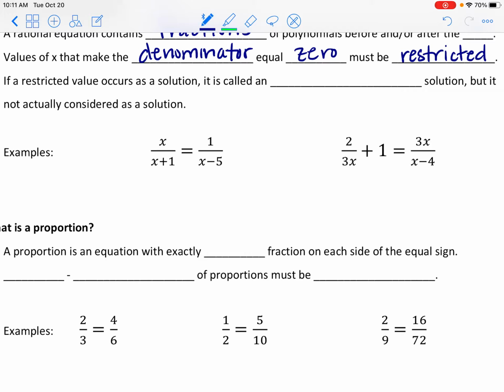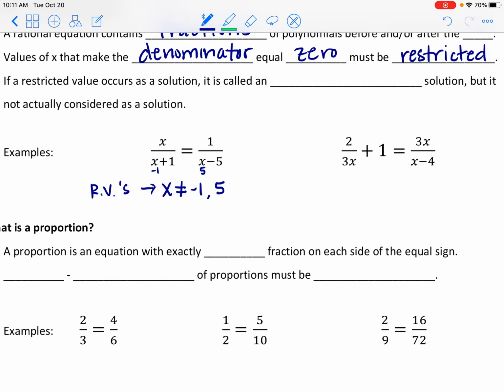So looking at this equation, I would say there are two restricted values, which I'm going to abbreviate RV. We would say that x could not equal -1 because a -1 would cancel that +1 and make a 0 in the first fraction. And then in the second one, +5 would do the same thing. So x could not equal -1, and it could also not equal +5.